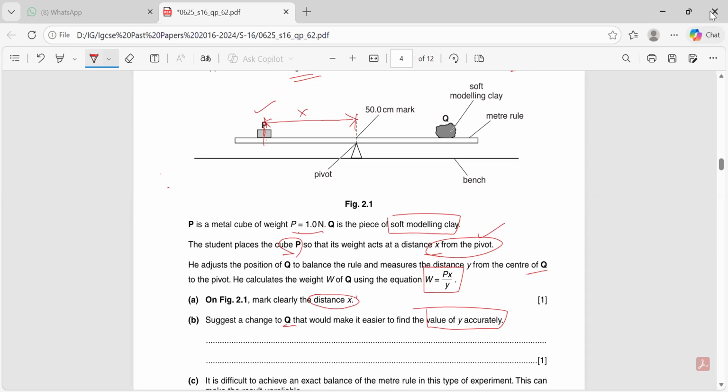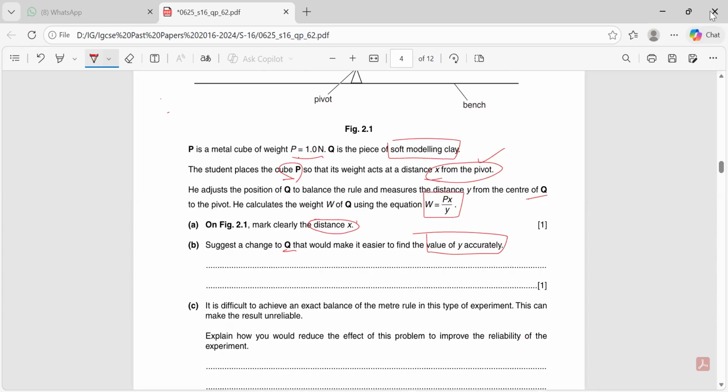We should, my dear friends, mold the soft modeling clay to a rectangular shape like P. Convert Q to a regular shape.